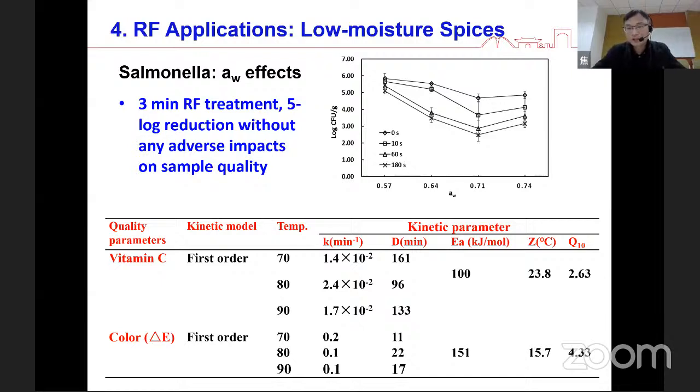So it's a very efficient method for the pasteurization of red pepper powder. But for the spores, it's really hard. It can only achieve 2 or 3 log reductions. And we also compared the quality changes, like vitamin C and color changes. And we also did the kinetic studies.